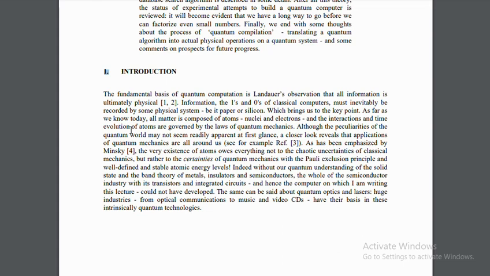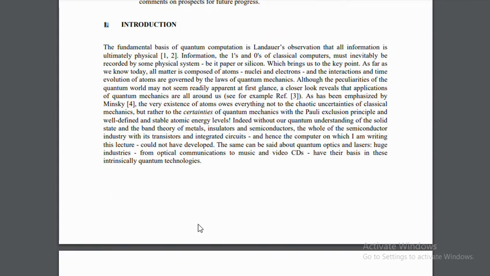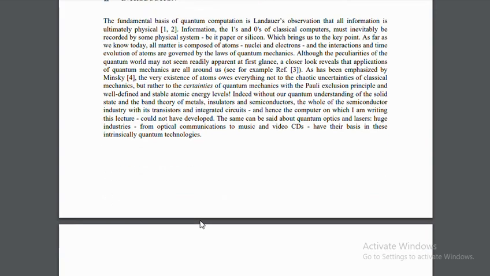Indeed, without our quantum understanding of solid state and the band theory of metals, insulators, and semiconductors, the whole of the semiconductor industry could not have developed. The same can be said about quantum optics and lasers. New industries from optical communications to music and video CDs have their basis in these intrinsically quantum technologies.